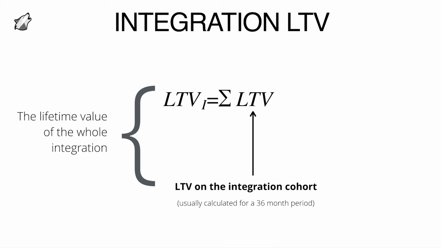So basically, you first need to be able to measure where your customers come from, then identify all the new customers that are actually using one particular integration, and calculate the lifetime value for those customers. And then you have the lifetime value for the integration. So in the end, you'll be able to look at each one of those integrations and see how much each integration is valued, basically.